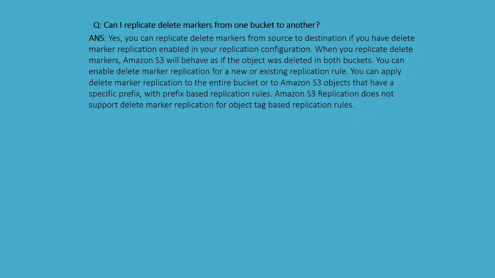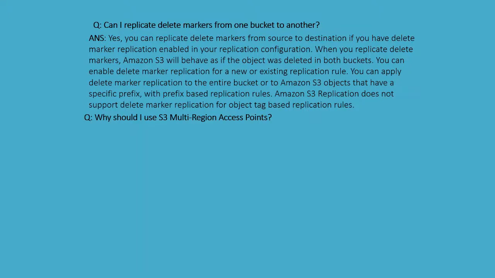You can enable delete marker replication for new or existing replication rules. You can apply delete marker replication to the entire bucket or to Amazon S3 objects that have a specific prefix. With the prefix-based replication rule, Amazon S3 replication does not support delete marker replication for object tag based replication rules.